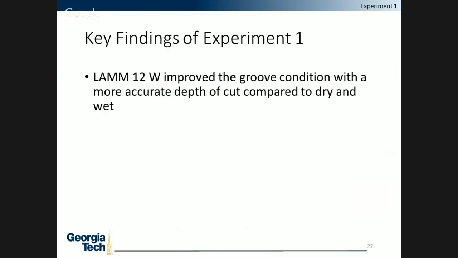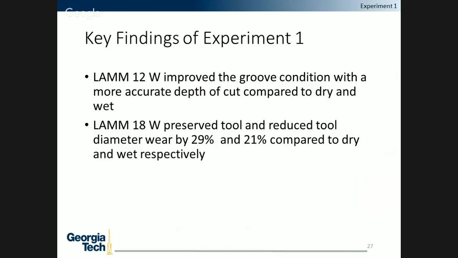So just to recap our key findings for experiment 1. LAM 12-watt improved the groove condition with a more accurate depth of cut than wet. LAM preserved the tool and reduced tool wear.